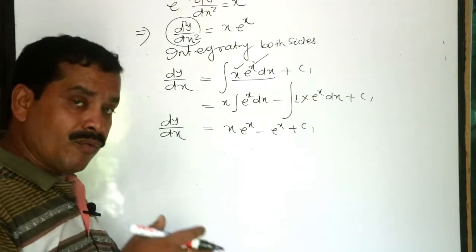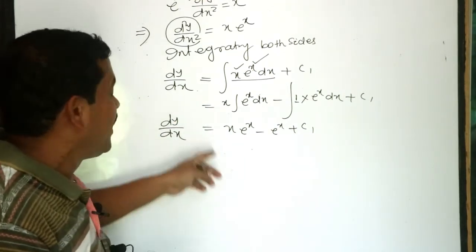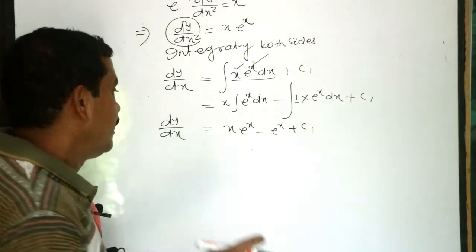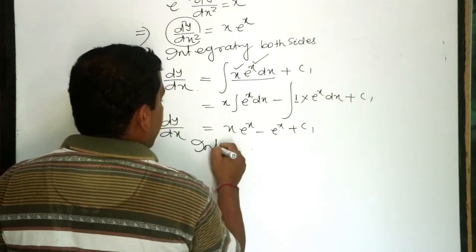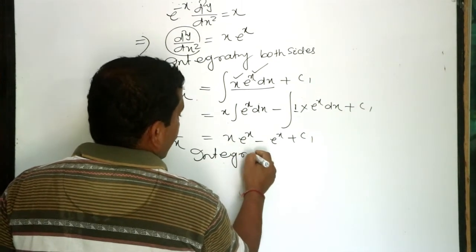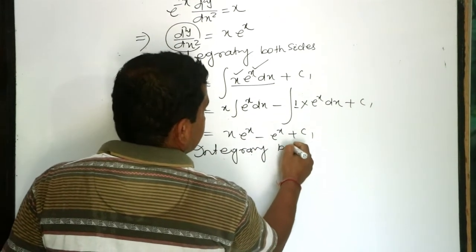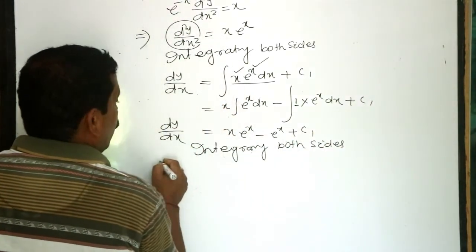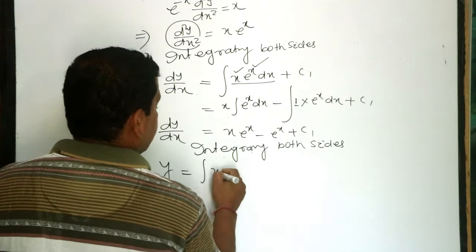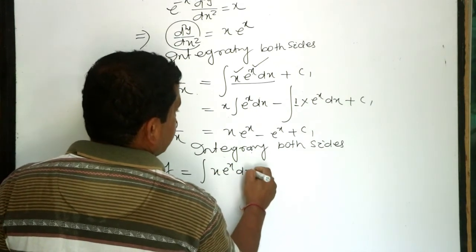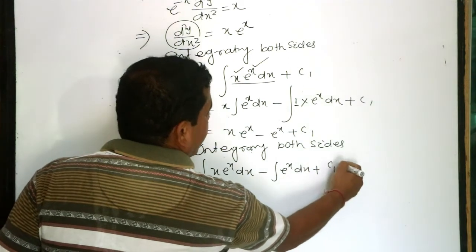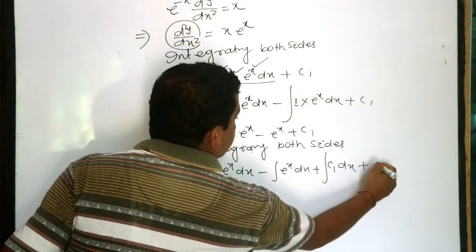Then we have to integrate once again, because this is dy/dx, not y. For this solution we have to find y. Then again integrating both sides, we have y equals the integration of x e^x dx minus e^x dx plus c1 dx integration plus c2.